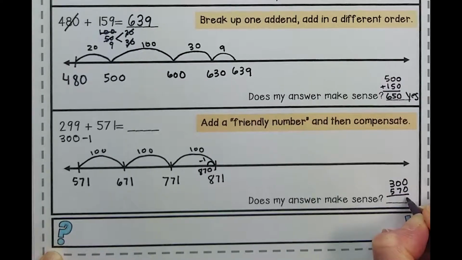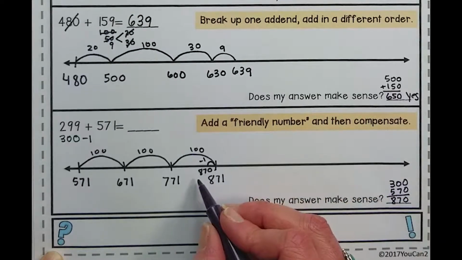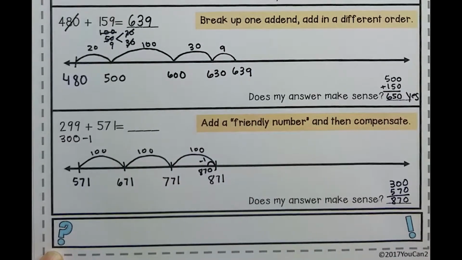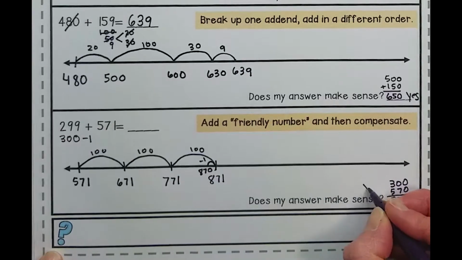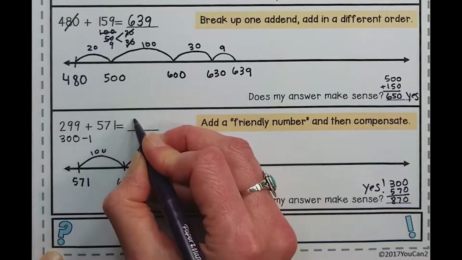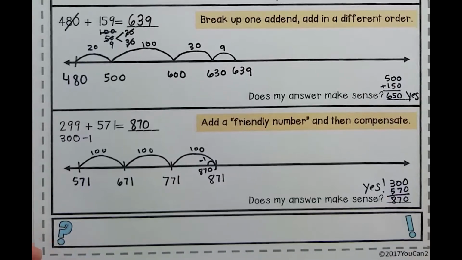This will be easy to do in our head. Looks like it's 870. Oh my gosh. Check it out. Our estimation is the same as the exact answer. Yes, this makes sense. Okay. Go tell your boss. 870 buckaroos on cookies in the last 2 days.